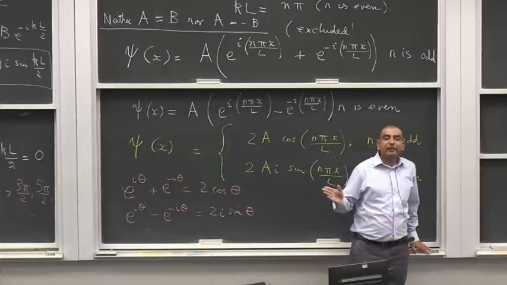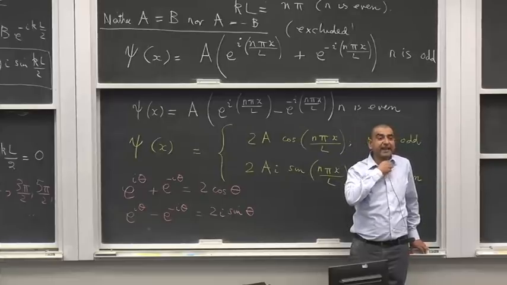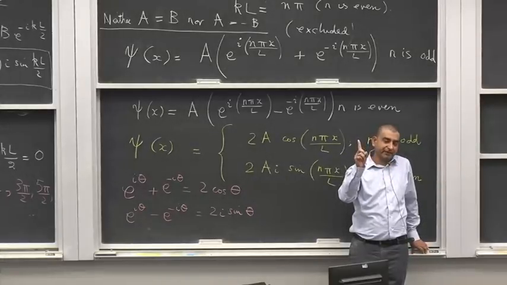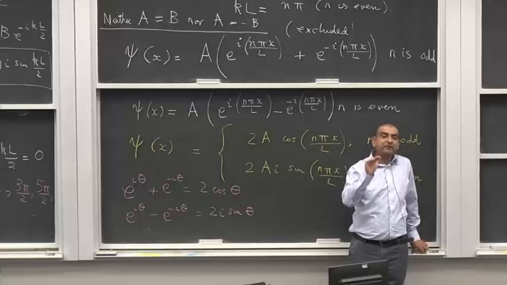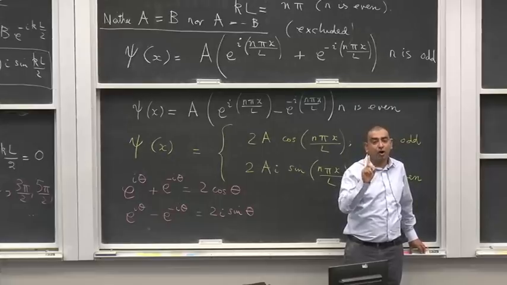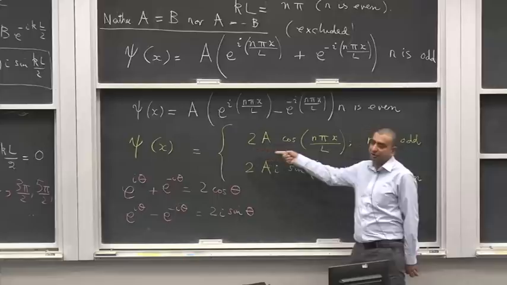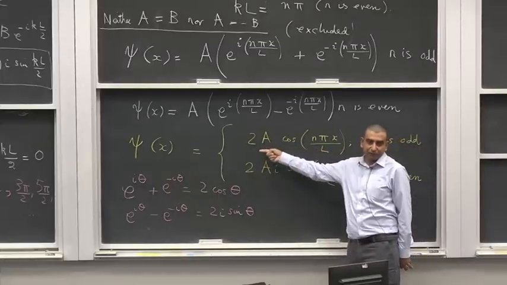Now what values can n take? First question, is n an integer? Yes. What's the minimum value of n? The lowest value of n? 1. Is that even or odd? Odd. So when n equals 1, this is the solution to the Schrodinger equation. This one.